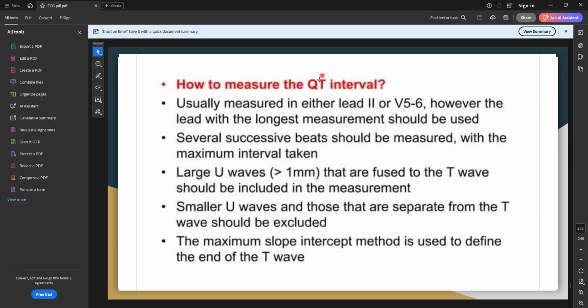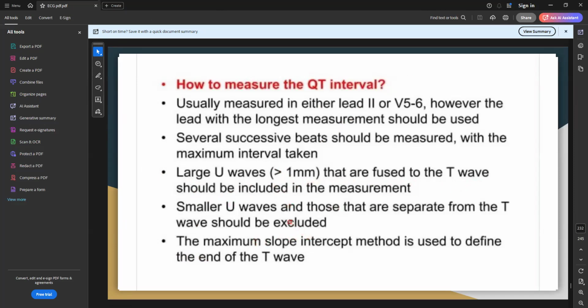I have told you, you have to consider this QT interval corrected with the heart rate, that is QTC. Large U waves, that is more than 1 millimeter, most of the time fused with the T wave, should be included.